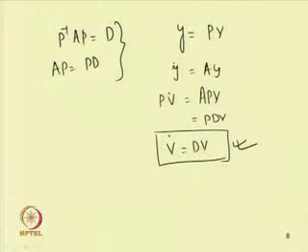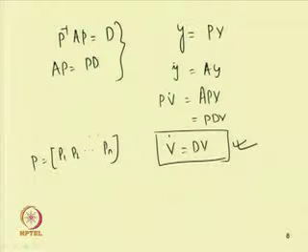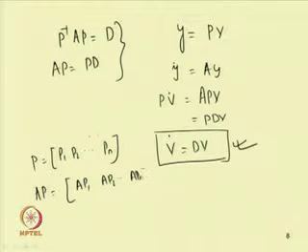The columns of matrix P are the right eigenvectors P 1, P 2, up to P n. So, this P can be written as P 1, P 2, P n. Then A P can be written as A P 1, A P 2, A P n.